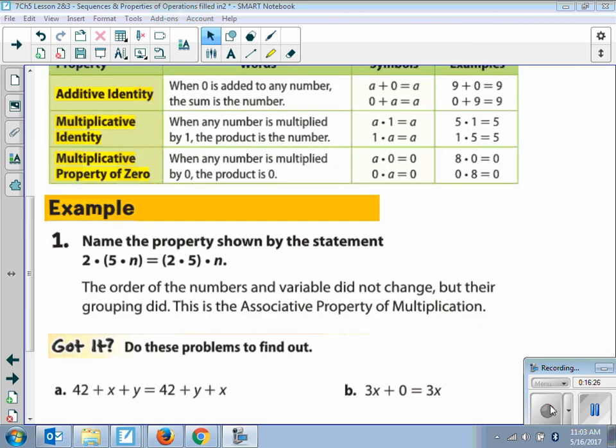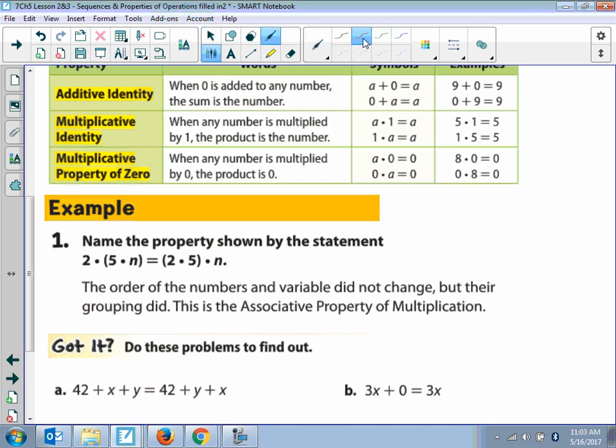So in example 1, we're going to name the property shown by the statement. So here we have 2 times the quantity n times 5, and then we have the quantity 2 times n, times 5. So here, what you're seeing happening is that the parentheses are moving from the second 2 to the first 2.